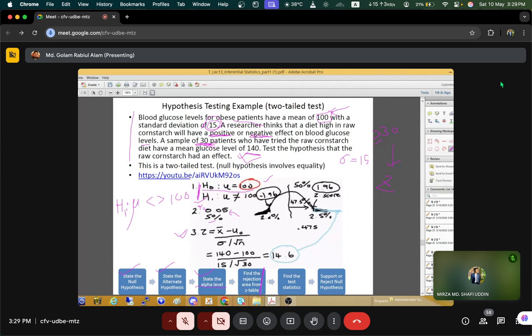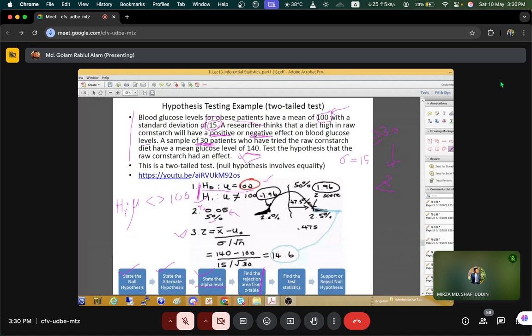That means we have to find out the G score, or G critical value, from the standard table given by statisticians, the G table.